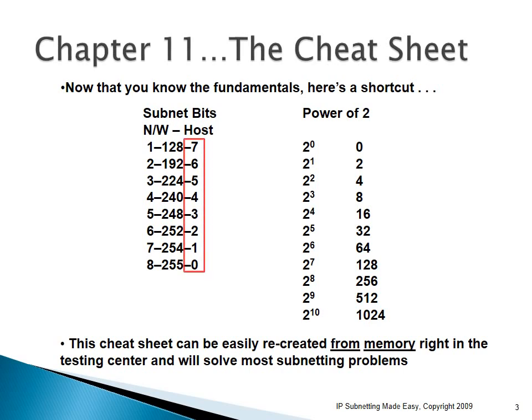The third column represents the host bits, as these are merely the bits of a given octet that are left over from the network portion. The formula is simply 8 minus the first column. Finally, the last column is simply the powers of 2. 2 to the power of 0 through 2 to the power of 10 is shown and is usually all that is needed for most subnetting problems.